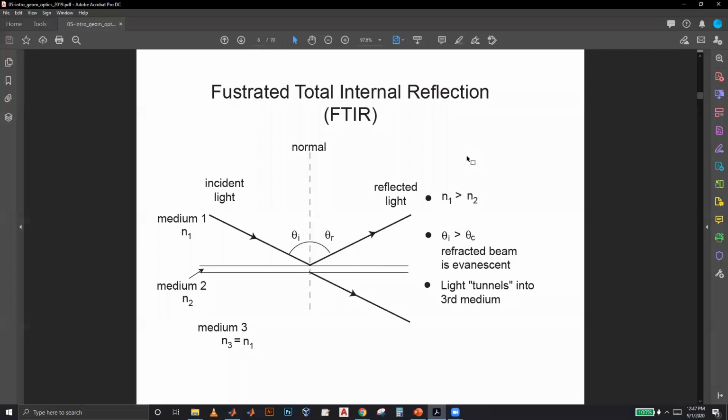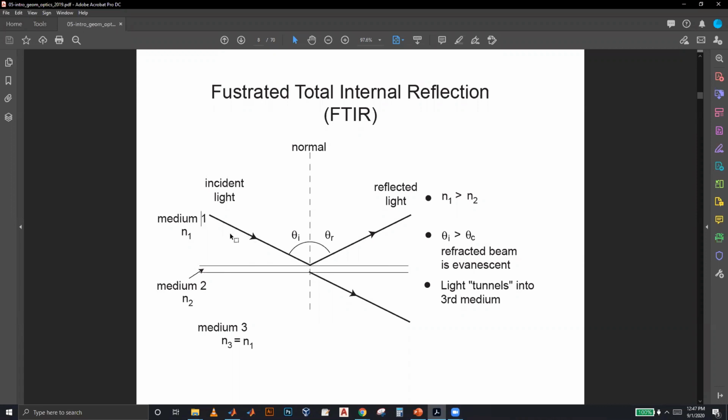Okay. There can also be a special case called frustrated total internal reflection, where you have three media, so basically actually two media: medium one, from which the light is incident, and it's going finally into another third medium, which has a refractive index equal to that of the first medium. And you have a very thin medium sandwiched in between these two layers, called medium 2, and this thickness has to be really small, on the order of a few wavelengths of the light.